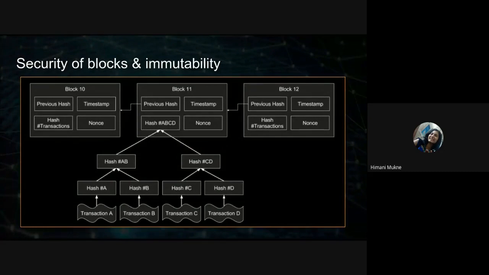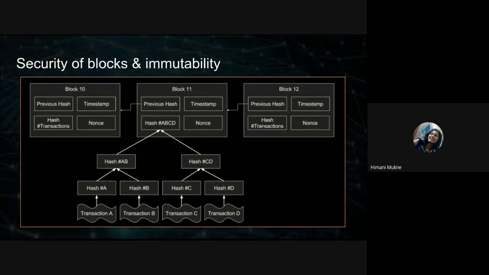So if a malicious user wants to modify an entry, he will have to do a lot of recalculation, because he'll have to recalculate all the hashes of all the blocks, which requires enormous computation, which is practically impossible, at least in the current setup.